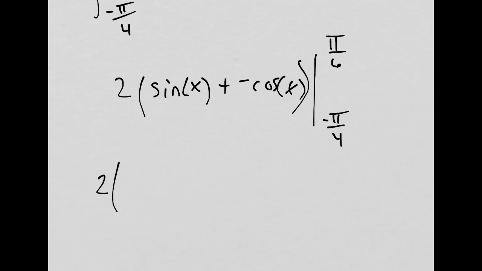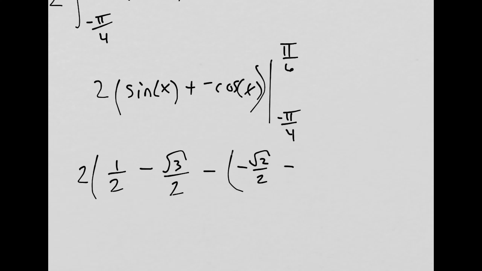I'll leave the 2 out front. That's fine. And then I have sine of pi over 6 is 1/2. Minus cosine of pi over 6, that's minus root 3 over 2. Minus sine of negative pi over 4, which is negative root 2 over 2.